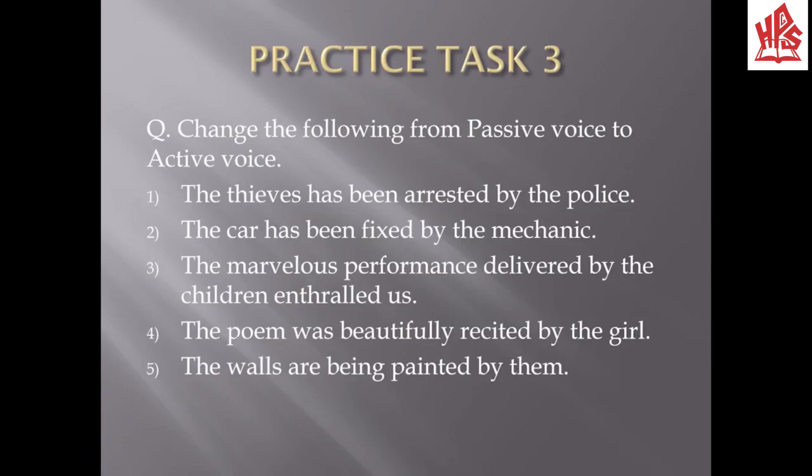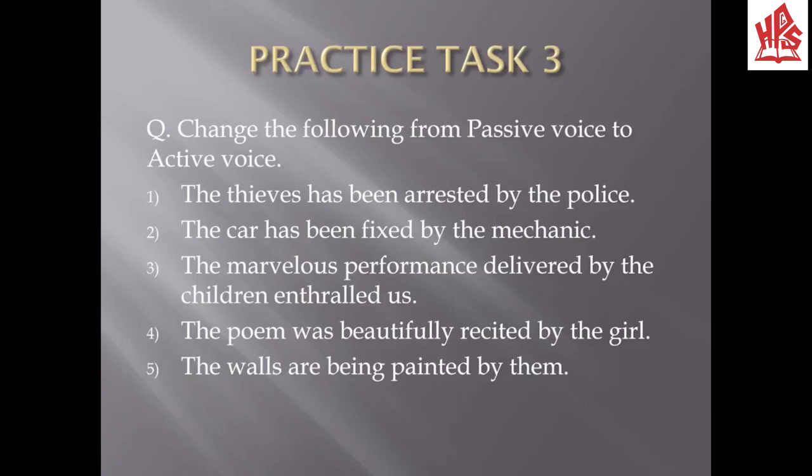Number 3. The poem was beautifully recited by the girl. Again, convert your objects and subjects, remove by, and write your sentence. But this particular sentence is not past perfect tense. This sentence is past simple.